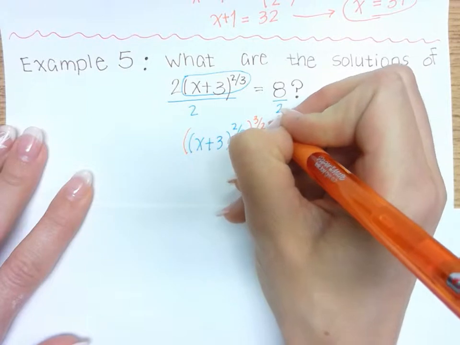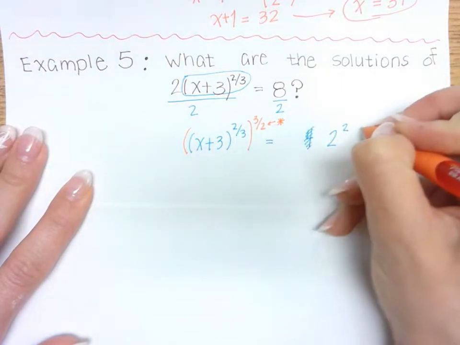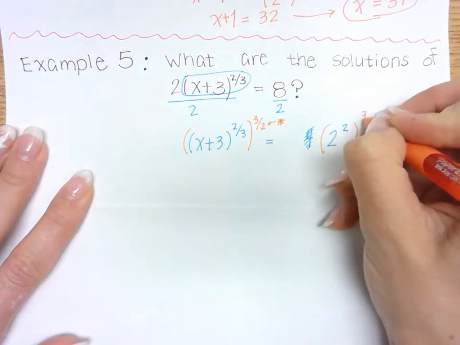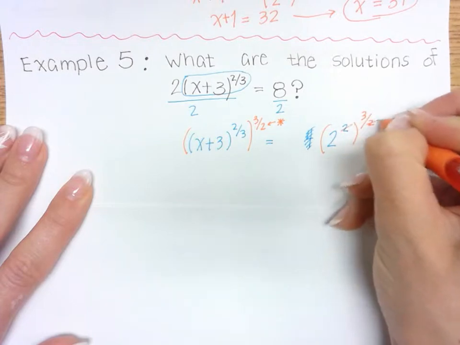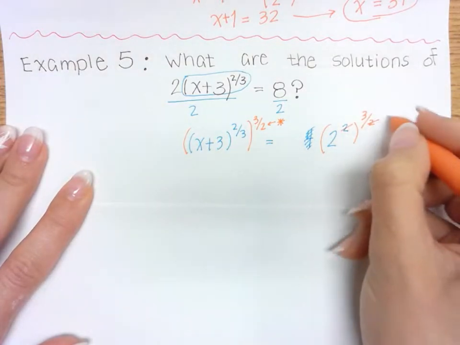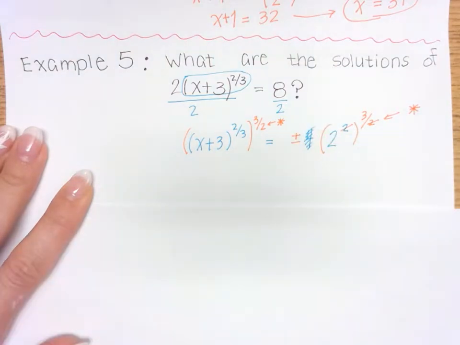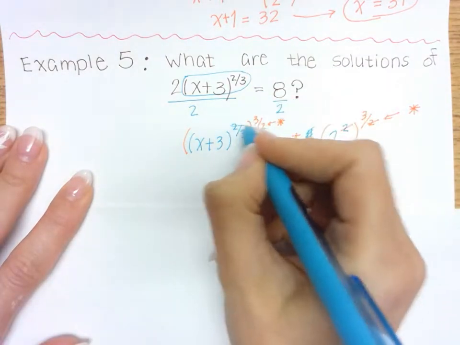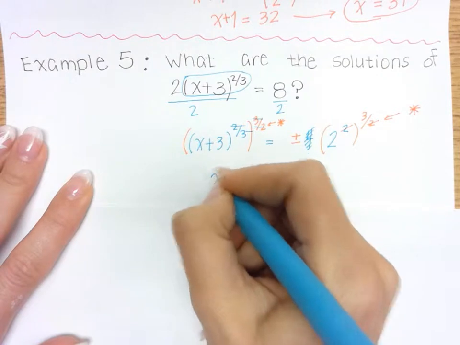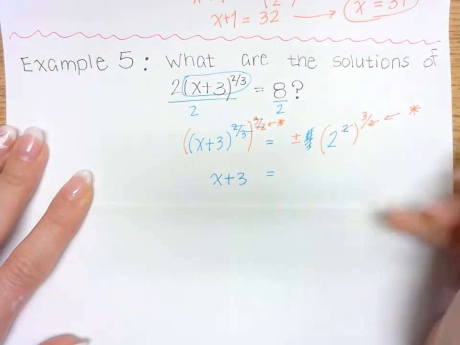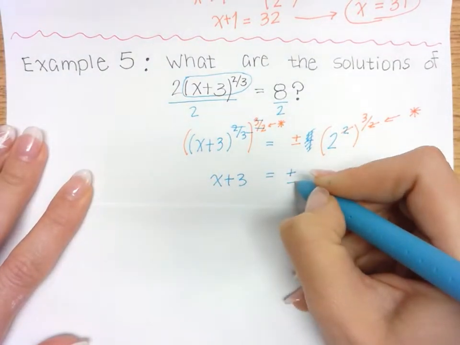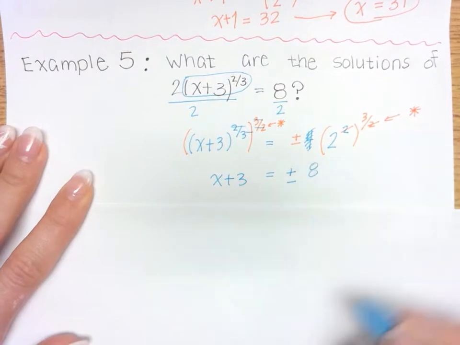There's that even number right there. 3 over 2. Those 2's cross out. That means, right there, that I need that plus minus. These all cross out. x plus 3 equals plus and minus 8.